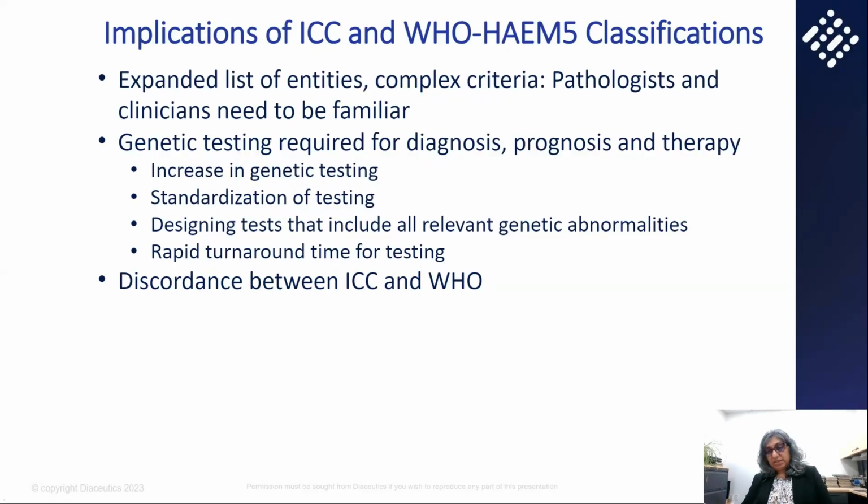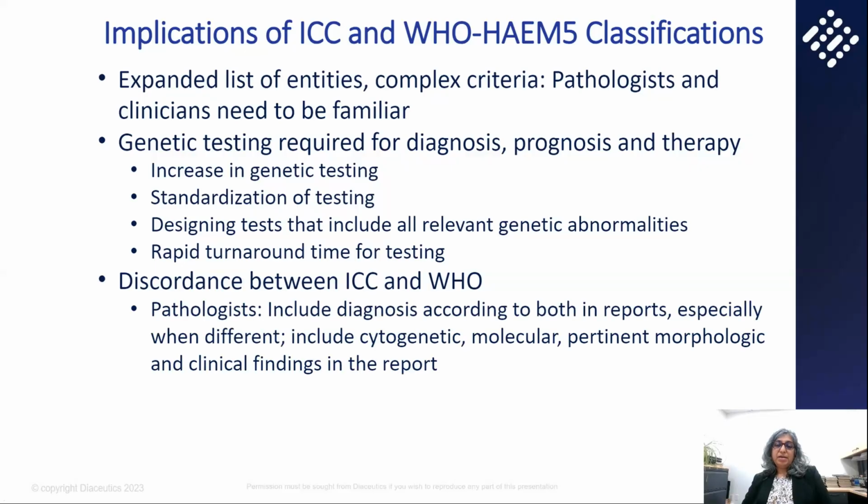What about the discordance between ICC and WHO? What does it mean for us? Well, for pathologists, for one, we should include diagnosis according to both classifications in our reports, particularly when the diagnosis is different.